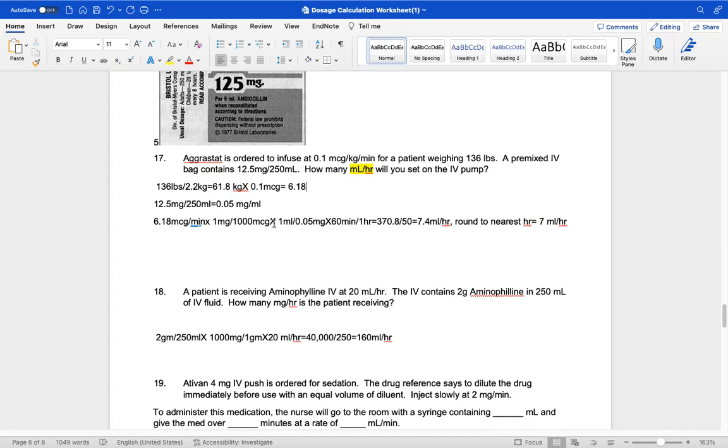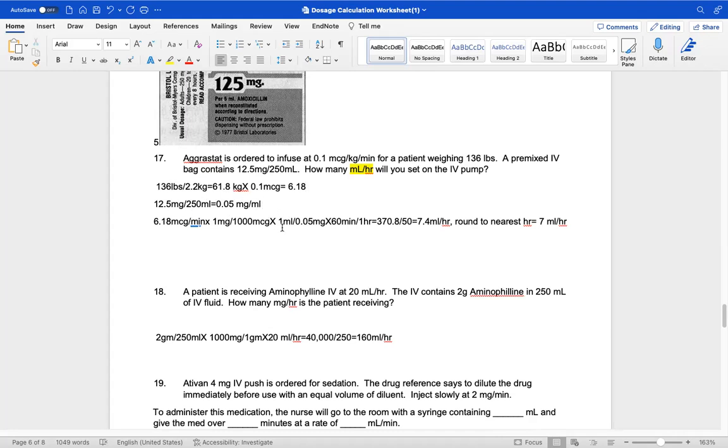Now we're going to take this another step further. You can either do this beforehand like I did to have ready to plug in, or you can do the math now. We're going to figure out how many milligrams there are per mL. You could also just plug the 12.5 divided by 250 in. I do it out here to make sure that I can just plug it in. So we're going to take what we have on hand, that 12.5 milligrams per 250 mLs. That gives us 0.05 milligrams per mL.